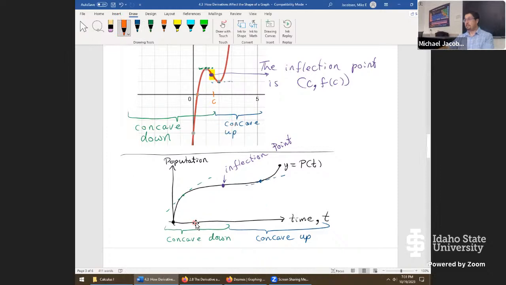When we look at this curve, concave down versus concave up sometimes is conveying certain information. When it was concave down, it was increasing extremely rapidly, and then it began to level off until we got to this inflection point. So we had rapid growth here. We hit the inflection point and concavity switched.